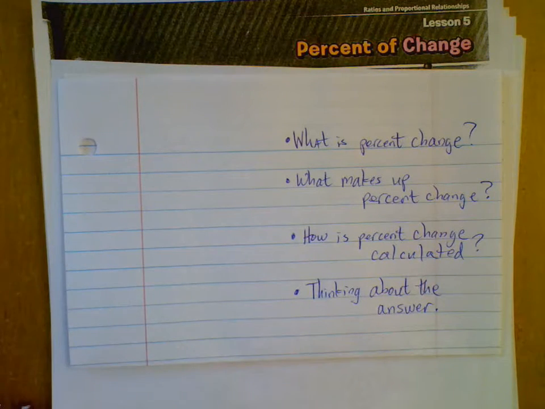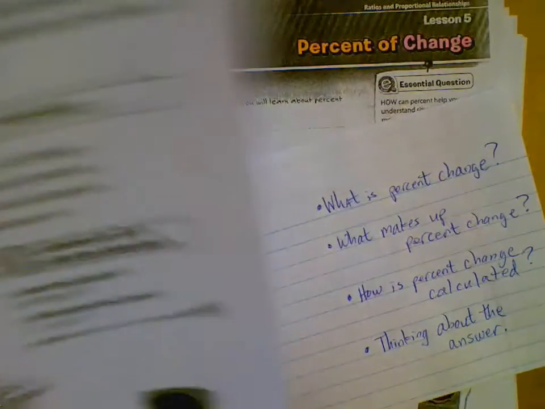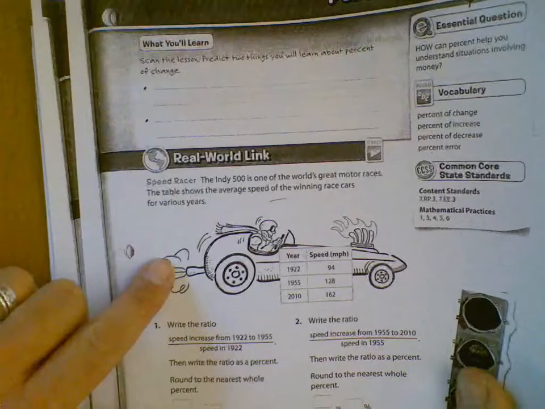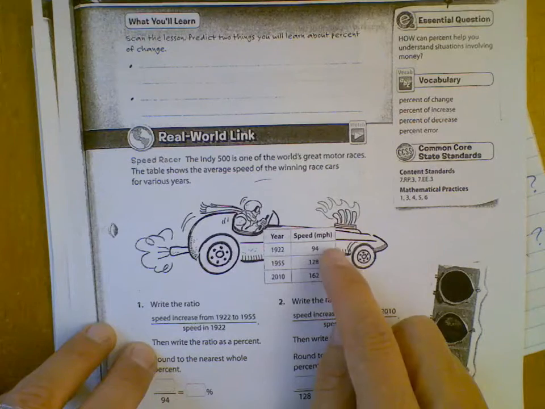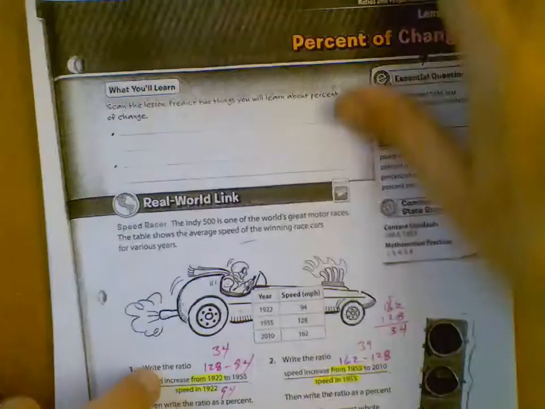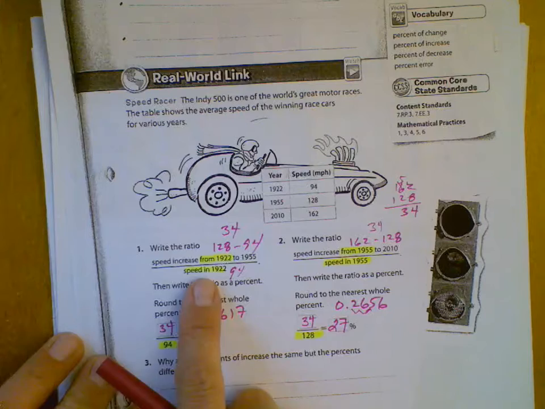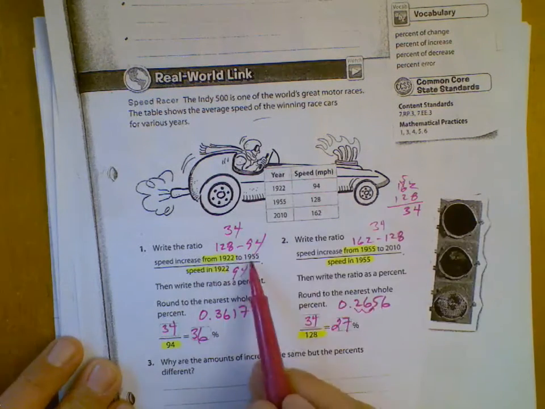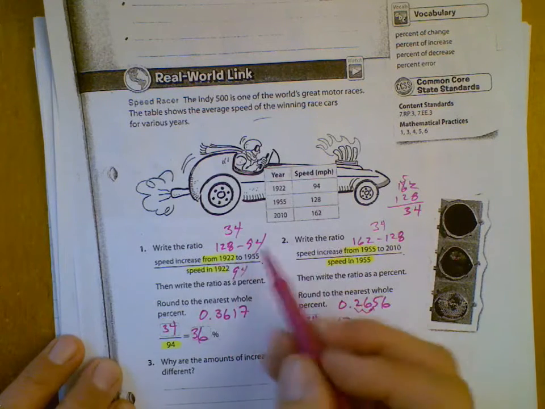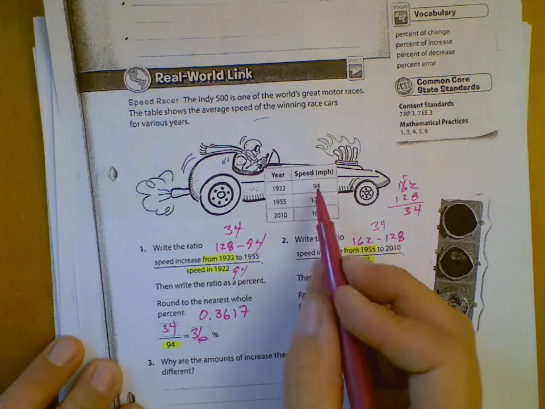You'll remember in class we looked at percent change using this IndyCar race, where you're asked about the percent change in the average speed for different years. We wrote this ratio of the speed from 1922 to 1955, the change in the speed divided by the starting speed.